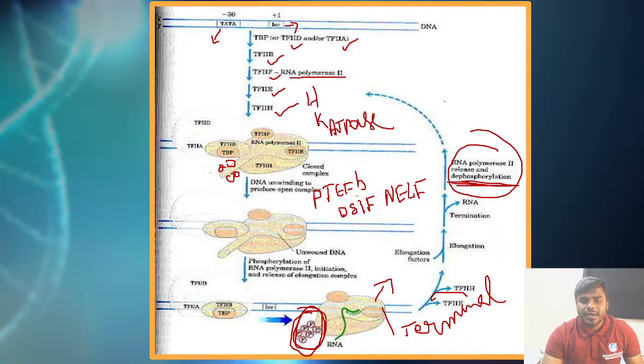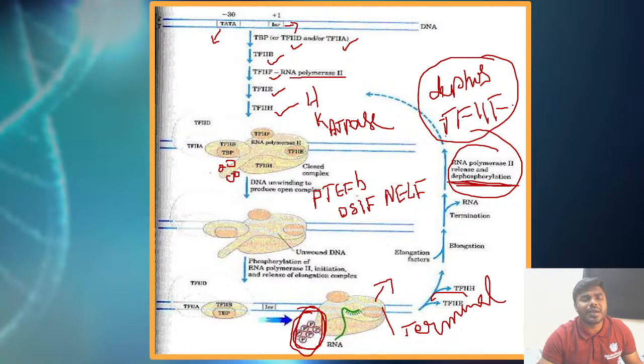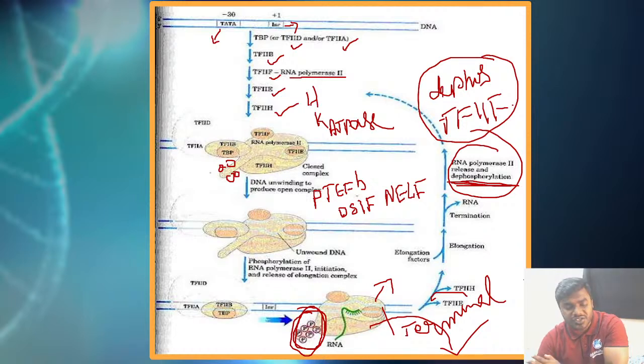Dephosphorylation occurs. Dephosphorylation occurs, and at the same time transcription factor 2F also gets dissociated. As a result, my friends, RNA polymerase 2 will become completely inactive. Inactive RNA polymerase enzyme comes down. This is the simple process of termination. Always remember, termination occurs whenever there is a process of dephosphorylation.